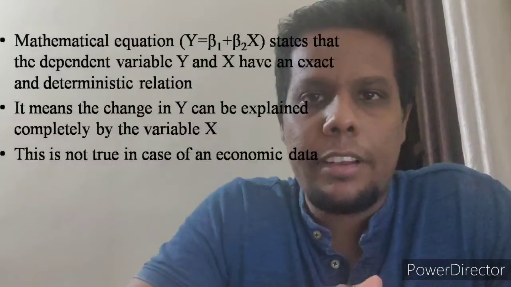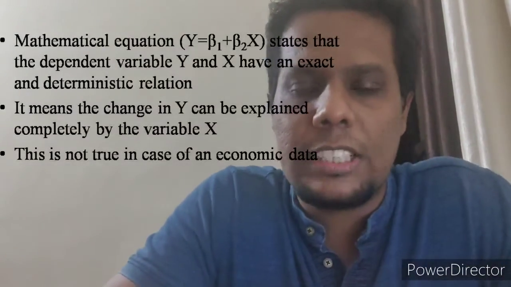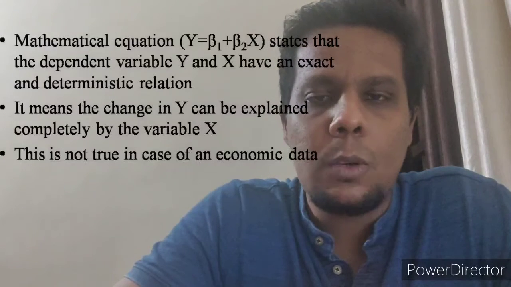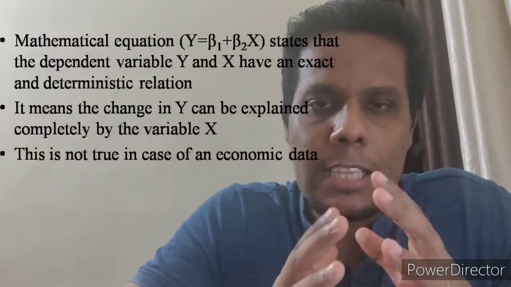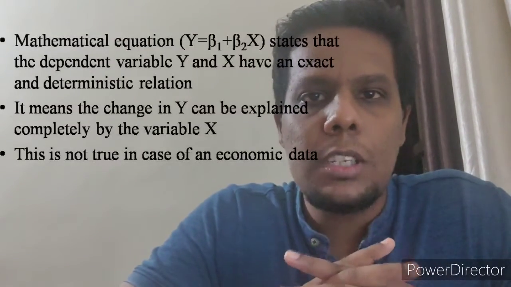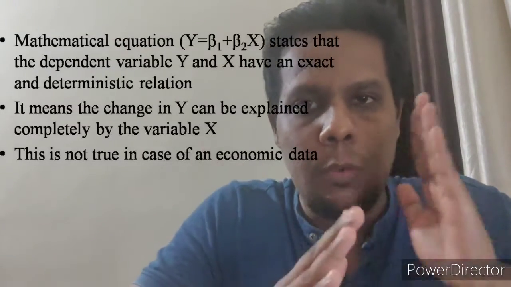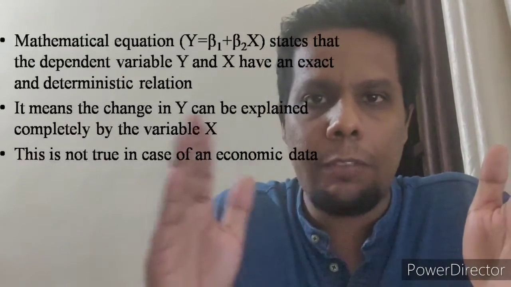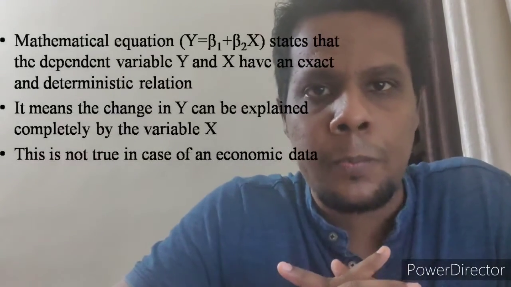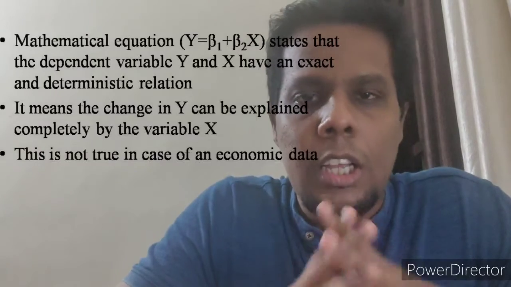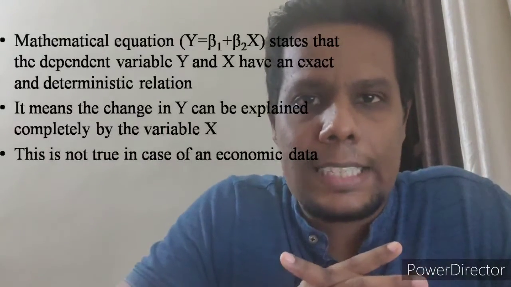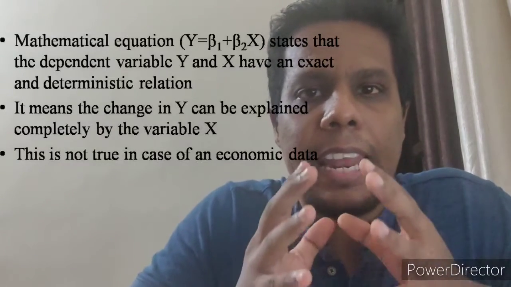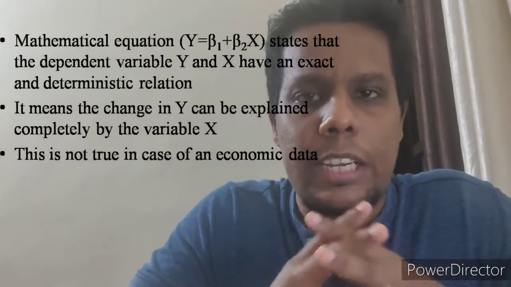The equation that we developed earlier, in the second step, was y is equal to beta 1 plus beta 2x. As per this equation, the variable y is a dependent variable and the variable x is an independent variable. And as per our equation, the dependent variable y and the independent variable x have an exact and deterministic relationship.